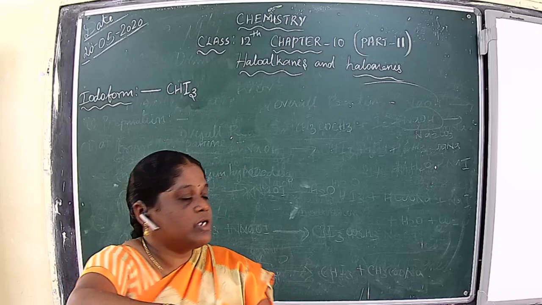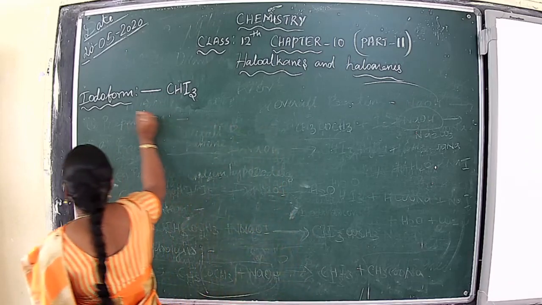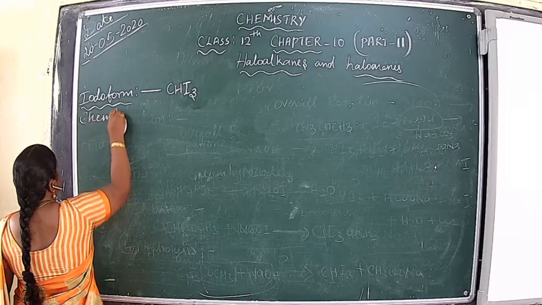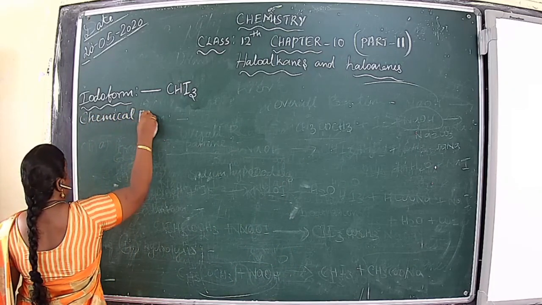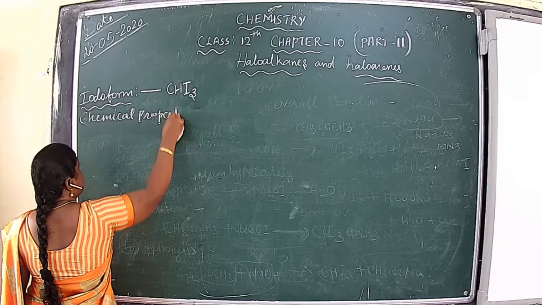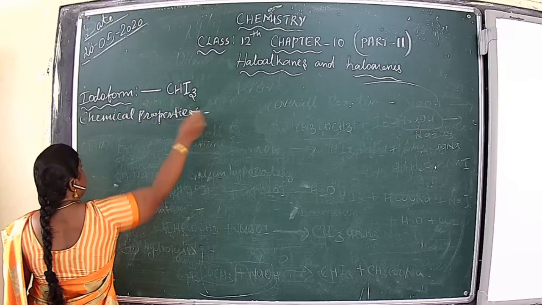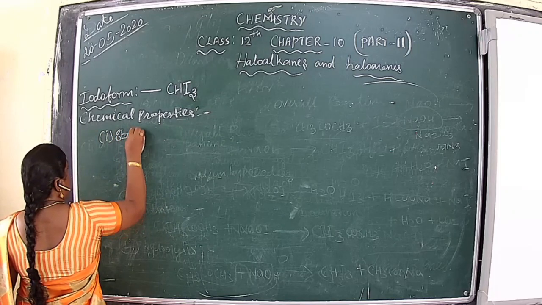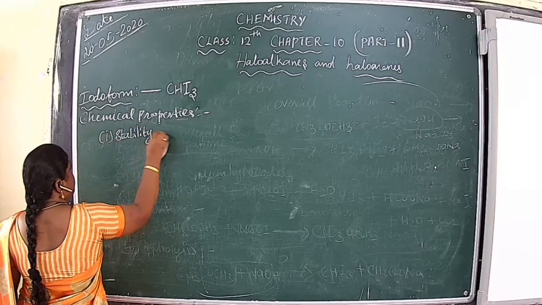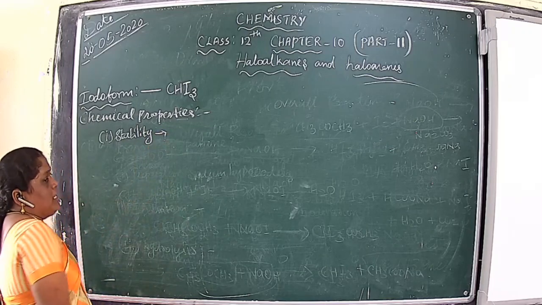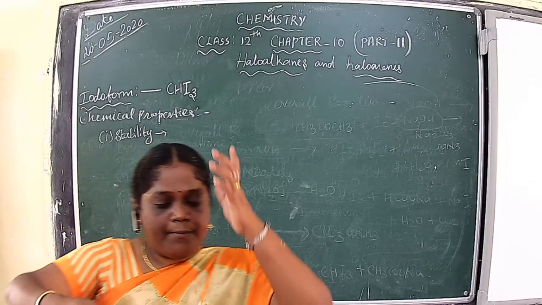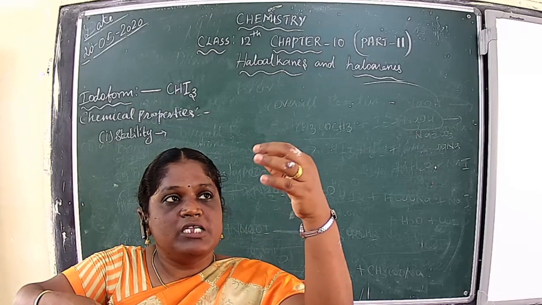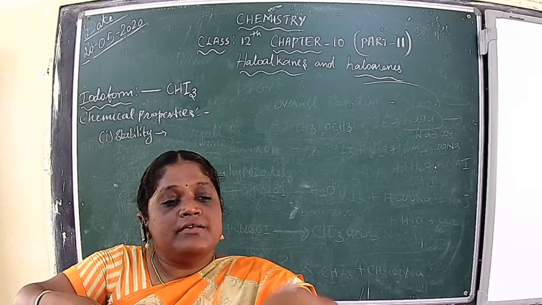Iodoform. Okay, so now let's discuss the chemical properties of iodoform. The first chemical property is stability. It is a stable compound, but it can be decomposed in the presence of air, sunlight, light.